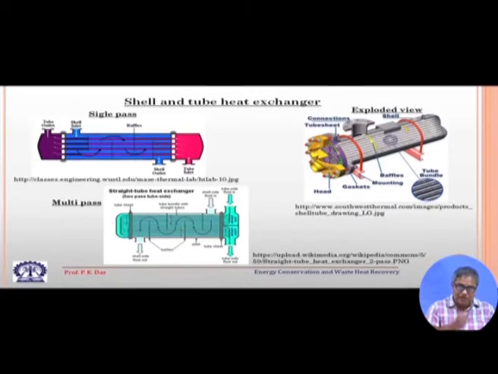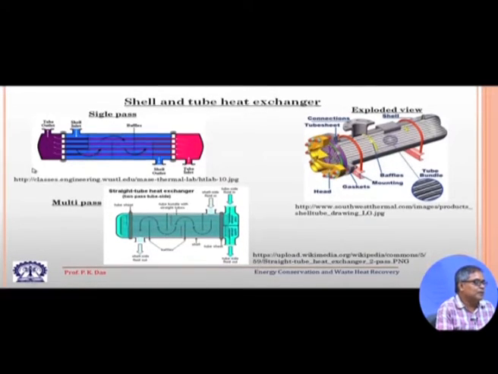In a shell and tube heat exchanger, here also the construction or the geometry is mainly tubular. Instead of one tube at the center, we have a number of tubes through which a particular fluid passes, and these tubes are arranged in a shell, which is another tube with a large diameter.